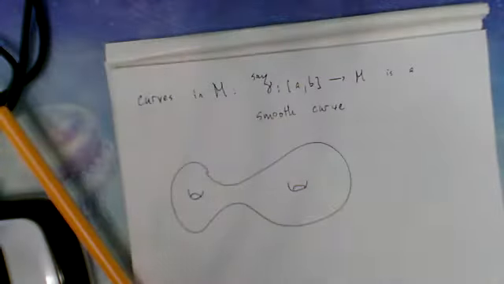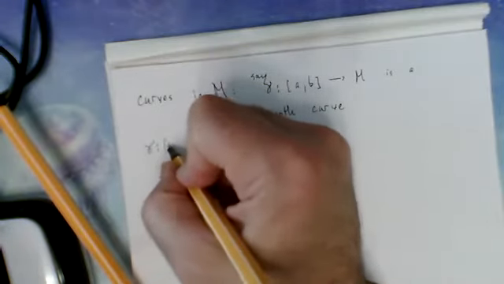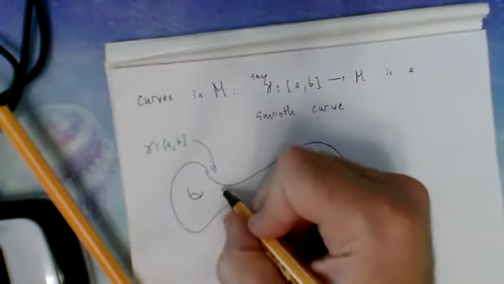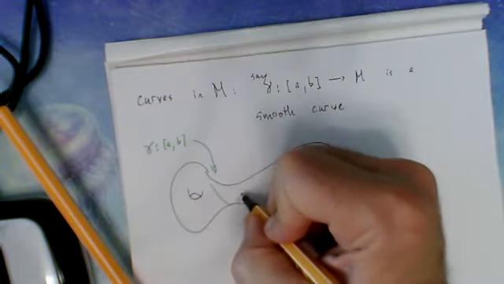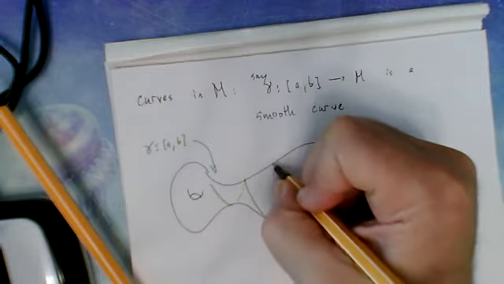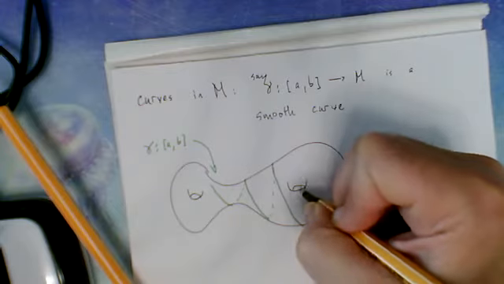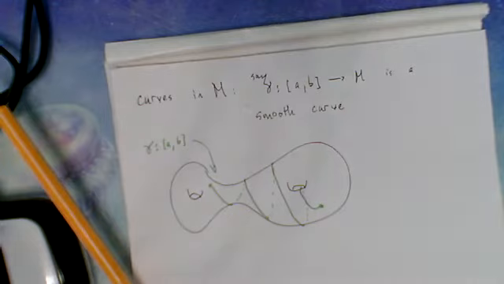Here's my manifold. And I might have some mapping gamma from an interval into my manifold that gives me some curve that might wind around between these two points.